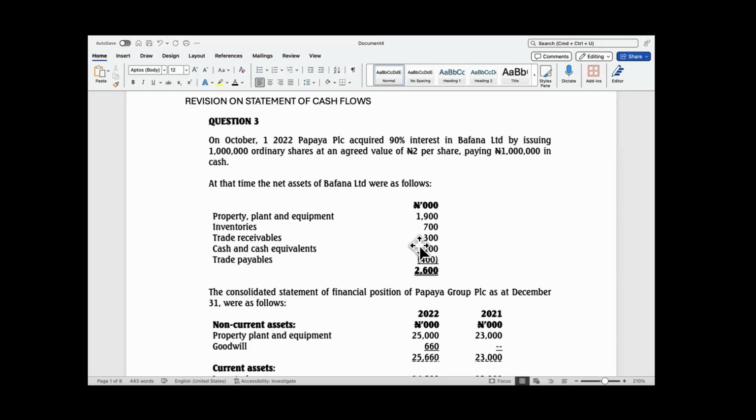Number two, in the asset of that subsidiary, we met 100 naira there. So effectively our outflow is 900,000, not 1 million.